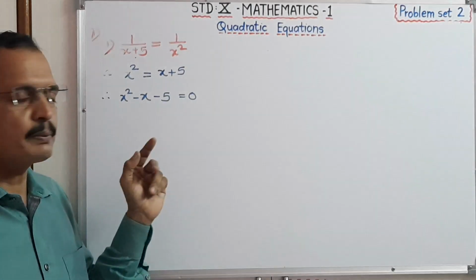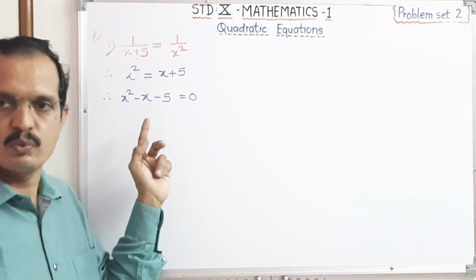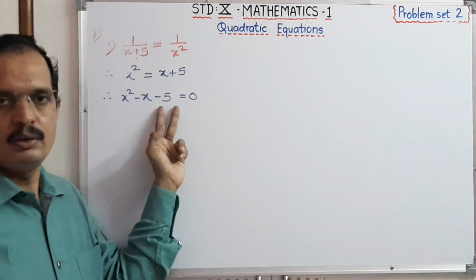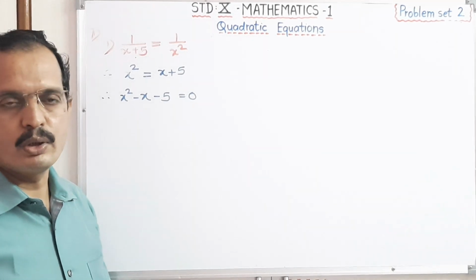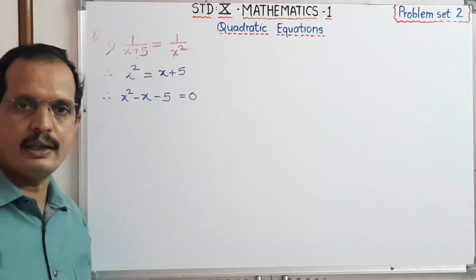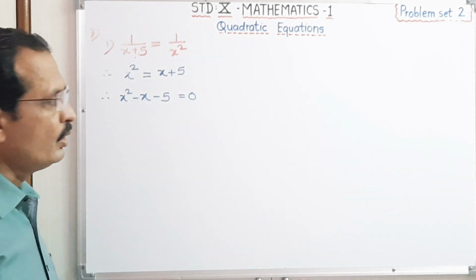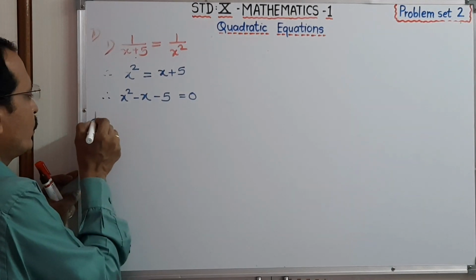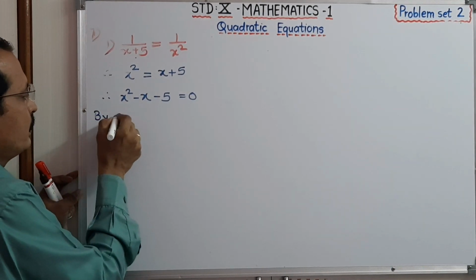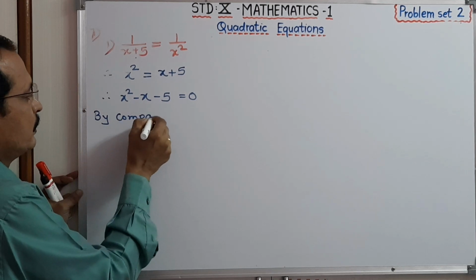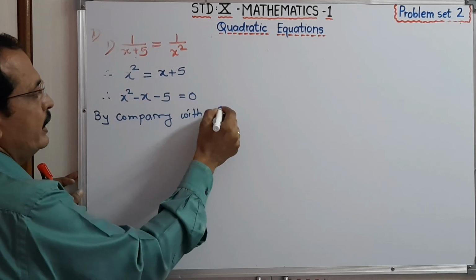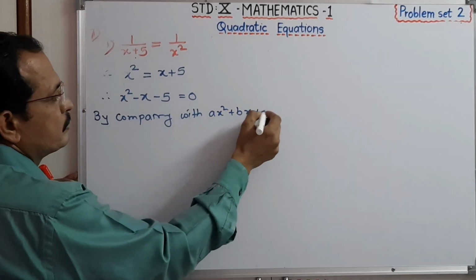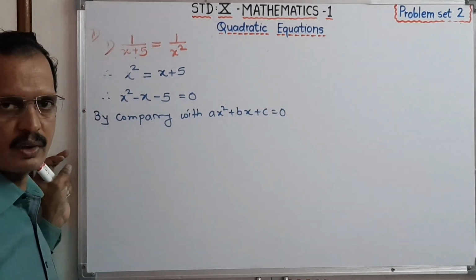And if we make the subtraction of that, it is 4. Therefore, we can't use the factorization method. Therefore, we have to go to the other method, that is formula method. For that formula method, we have to compare with standard form, ax square plus bx plus c equal to 0.